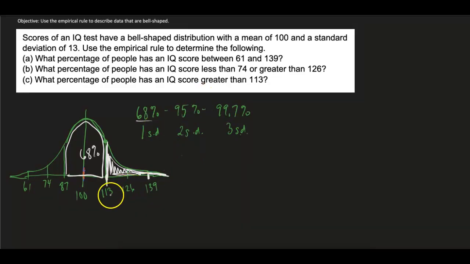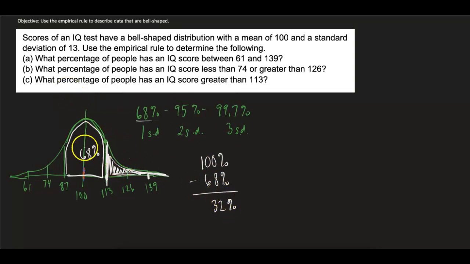One way or the other, symmetry is going to have to be used because I'm only looking at one side of the bell curve. So let me show you both of those ways. So the first way I could say is, okay, I know that altogether there's 100% of data or people under the curve. I'm going to subtract what I know cannot be there, but I have a value for, and that's this 68%. That would leave me with 32% left.